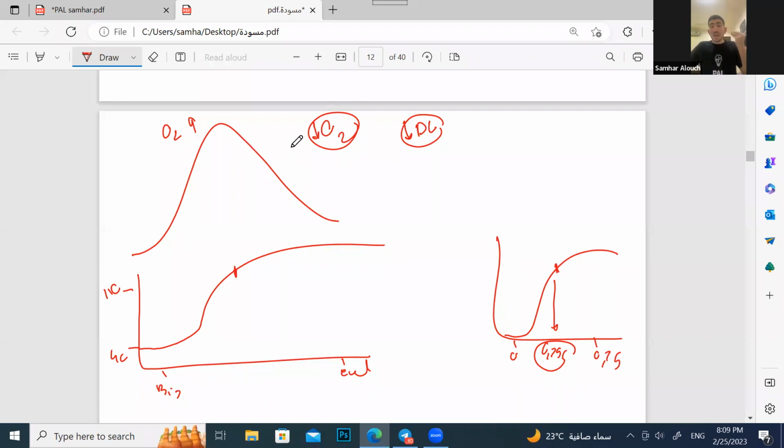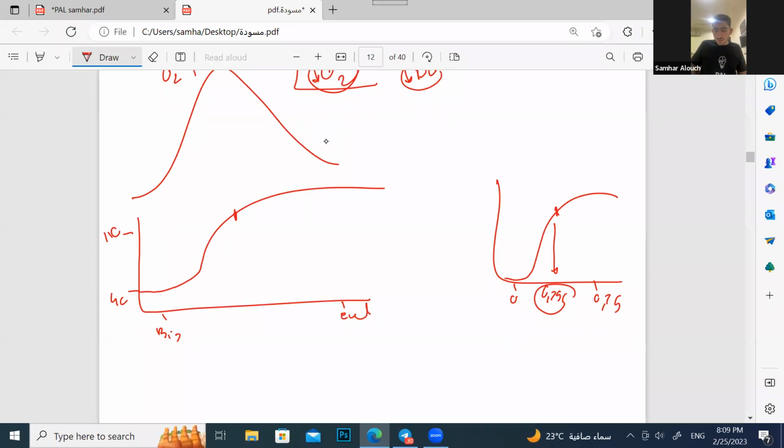This is the alveoli, right? We said oxygen in alveoli is 110. I'm breathing oxygen less than normal, so it's impossible here to be 110. It will be like 50, let's say.